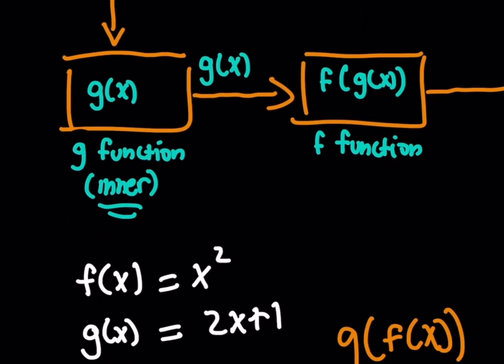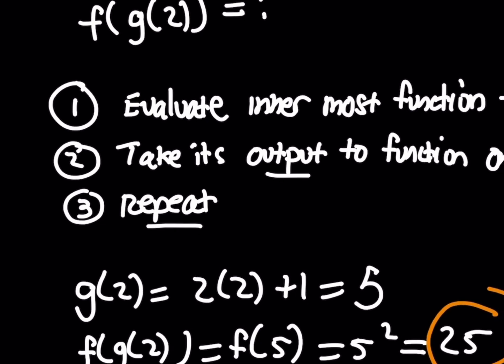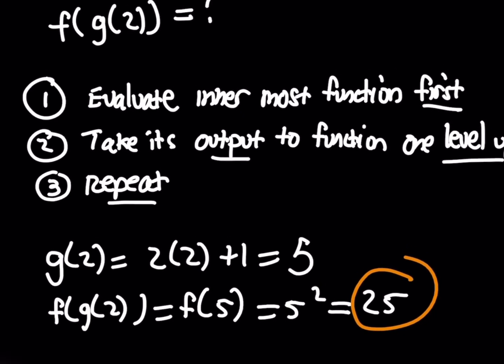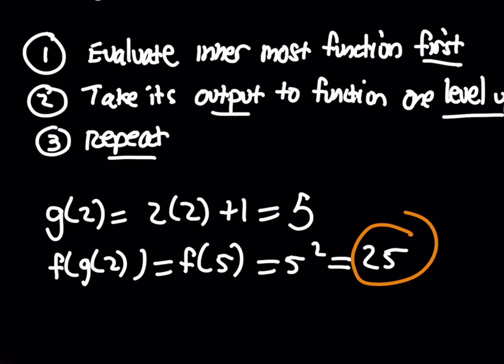And then the resulting output of that would be applied to f of x. So now giving this a try, g of 2 is going to be 2x plus 1 being evaluated with the value of x equaling 2. That's going to give us 2 times 2 plus 1, which is 5. We now take this value of 5 and plug it into f of x, which is x squared, resulting in 5 squared and a final answer of 25.